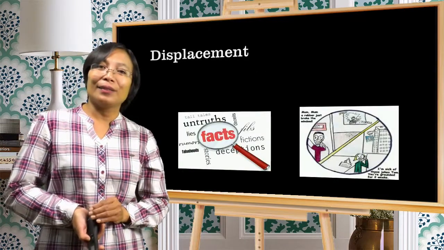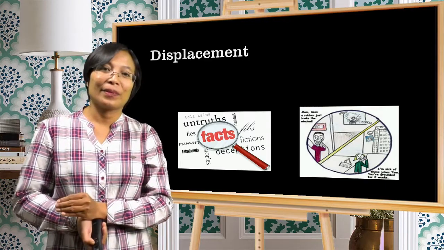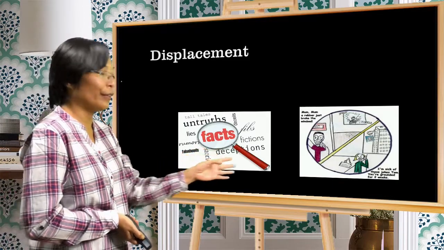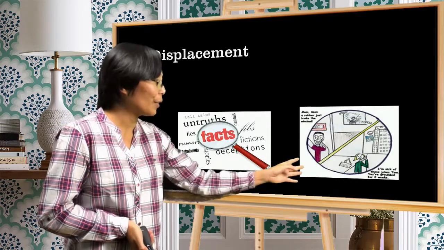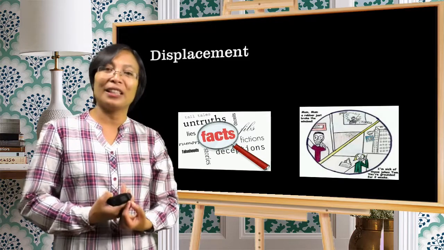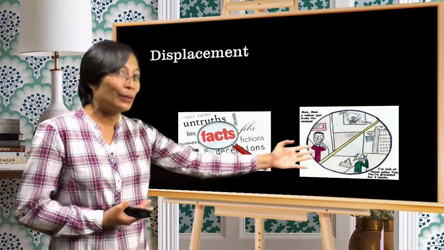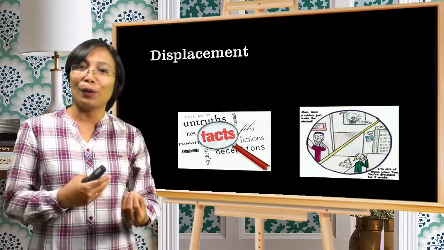We also have this feature, displacement. And do you know why I put this feature? We have facts, and then we have the picture of someone who is calling somebody else. I think every day we do have this activity, right? Making a phone call.